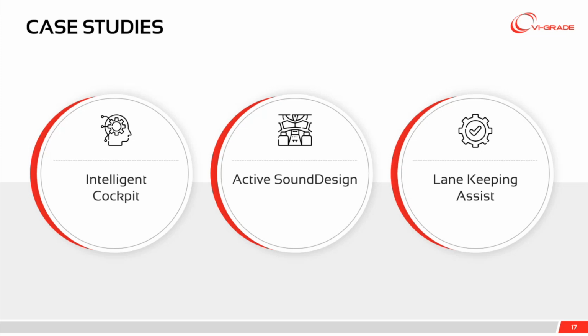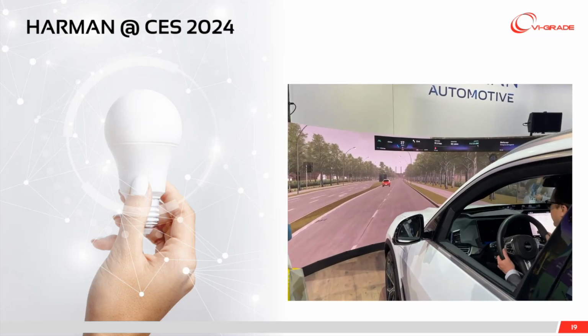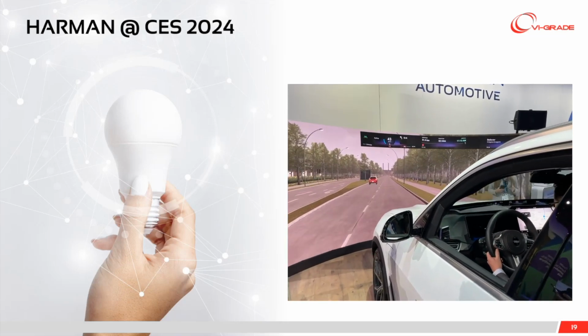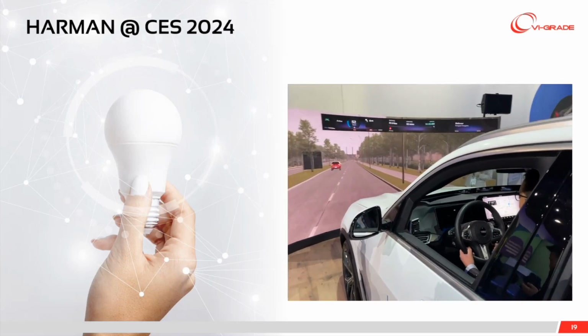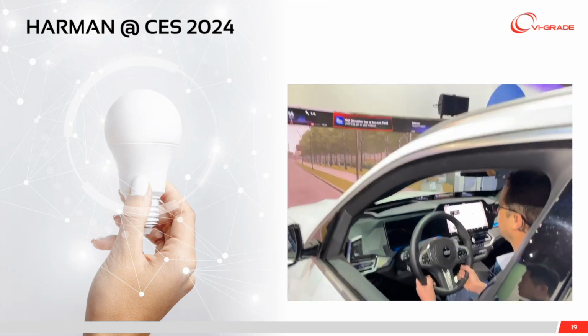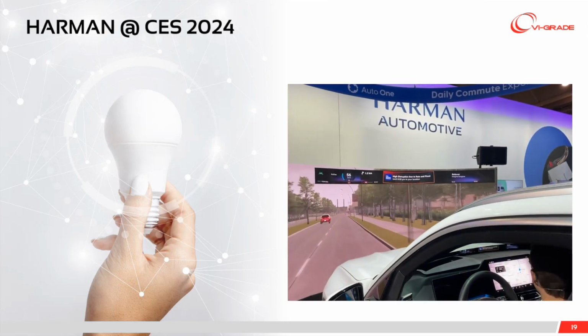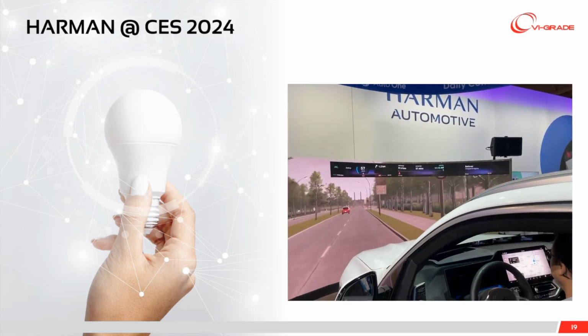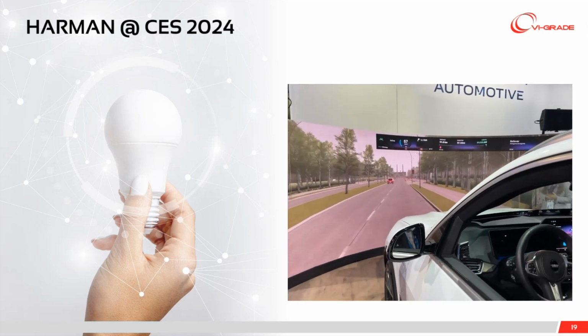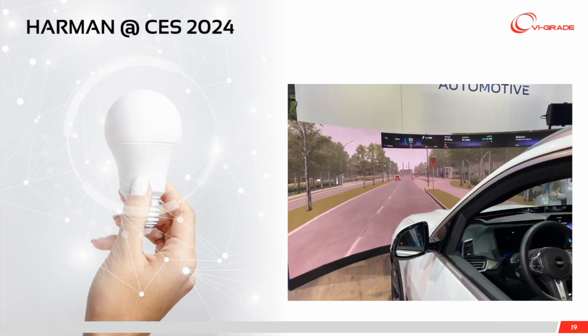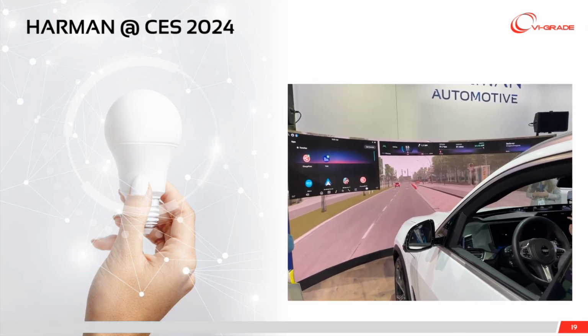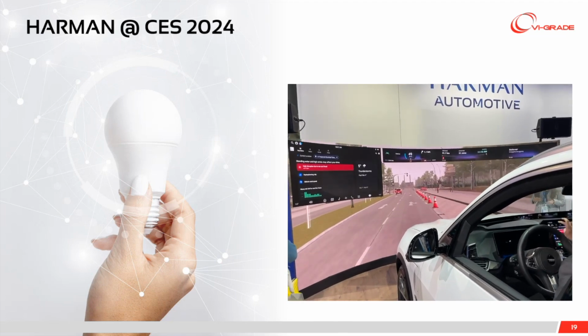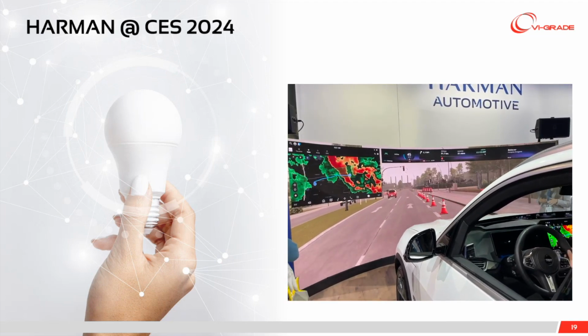But when it comes to the point of assessing what's the driving experience, I think you need to be at one point in time where you take your intelligent cockpit and either put it in the car and drive the car around the world, or you take your intelligent cockpit and drive in the virtual world.